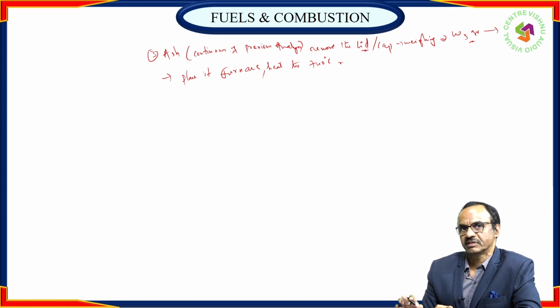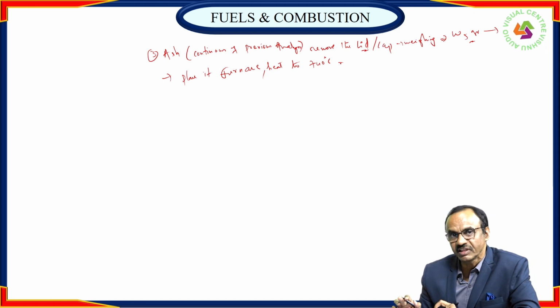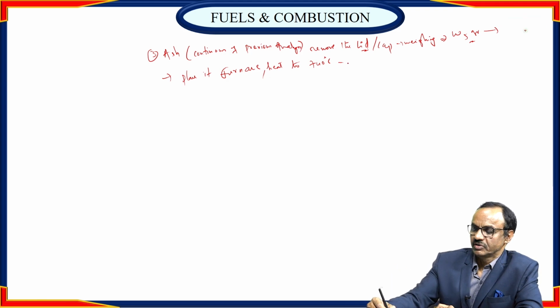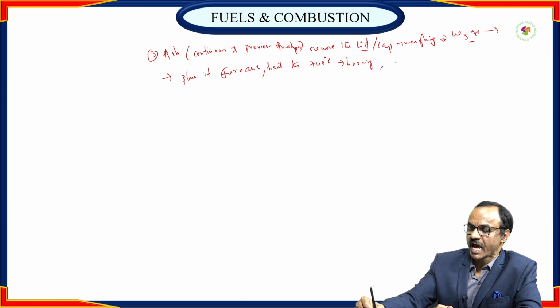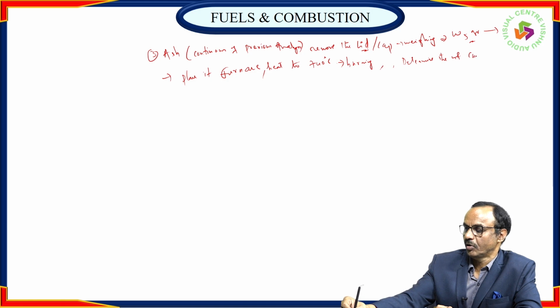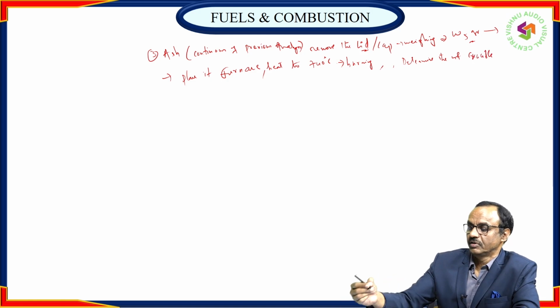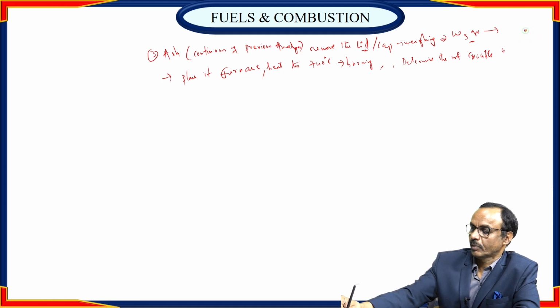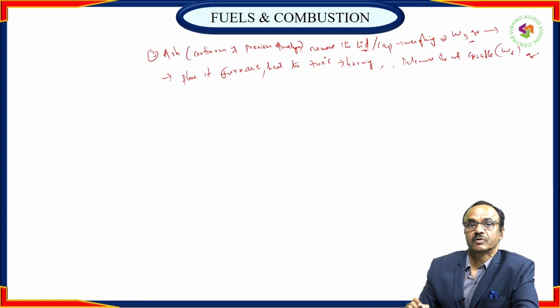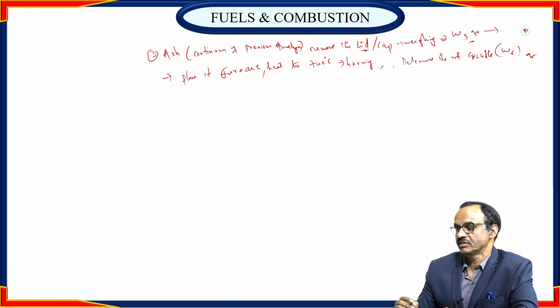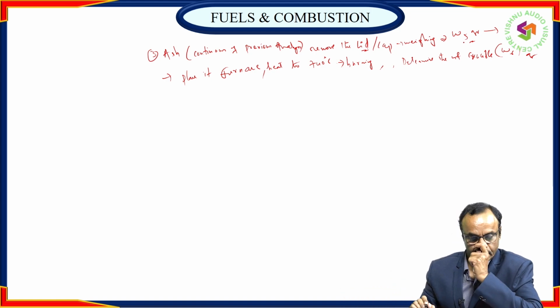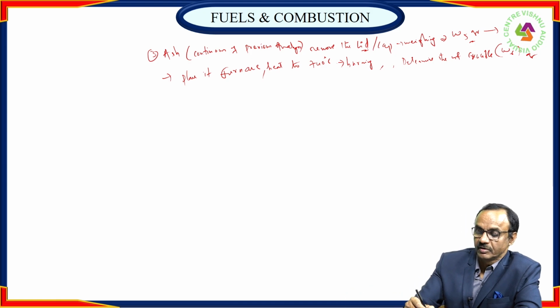After complete combustion, the residue left in the crucible is called ash. Determine the weight of the crucible with the ash residue left. Let W6 grams be the weight. What will be the weight of ash? W6 minus W5: subtract W5 from W6. That is the weight of ash.